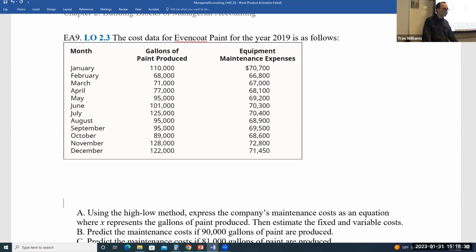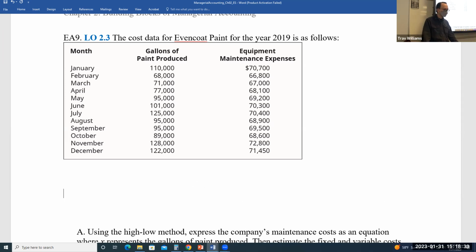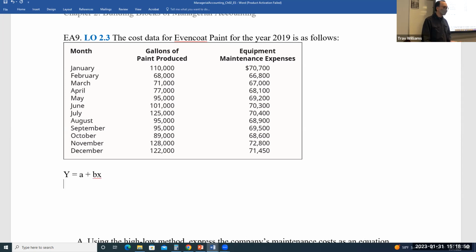I'm going to go ahead and make some room here to show it to you. So the formula itself is Y, which stands for total costs, equals A, which is fixed costs, plus B, which is variable cost per unit, times the number of units.